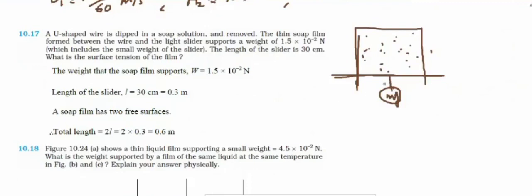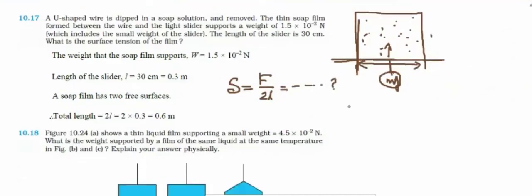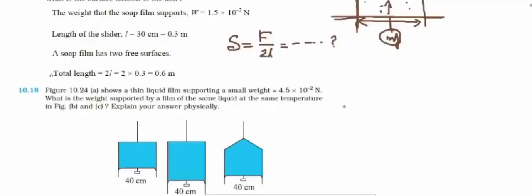Actually this weight is supported by surface tension, and you are asked to calculate what is the surface tension. You can use the formula surface tension is equal to F divided by 2L. F is given, L is given 30 centimeter, edge length 30 centimeters, so that you can find the value of surface tension.